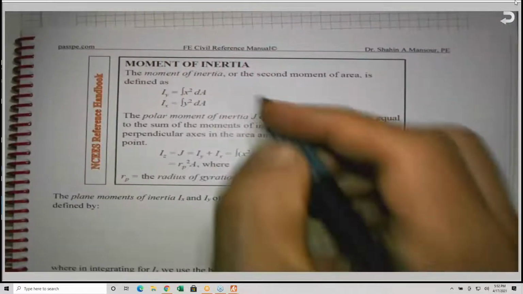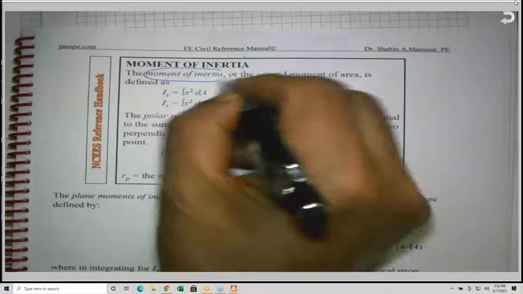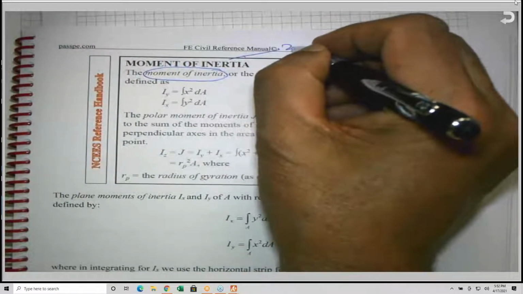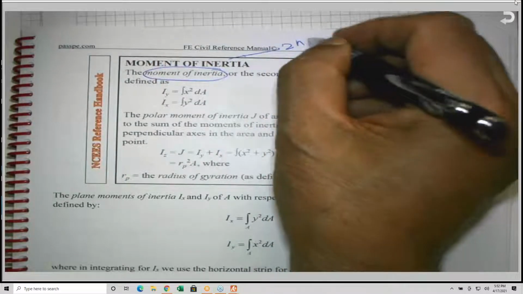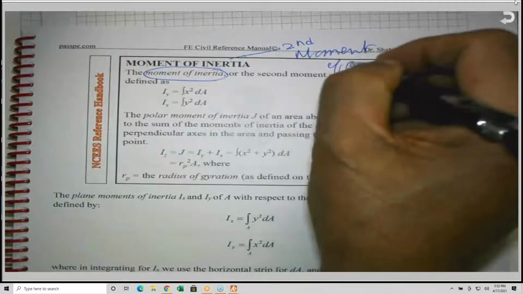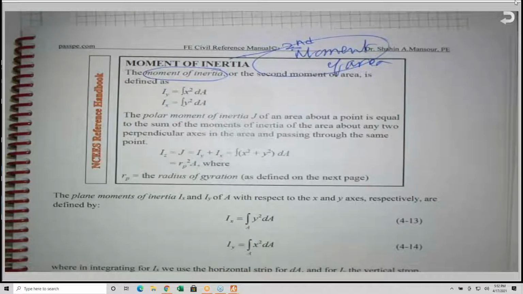The following one is called moment of inertia. Some books don't like the word inertia. They call it the second moment of area. And you may ask, why do we call it second? That means that we have a first? Yes, we have a first moment of area.